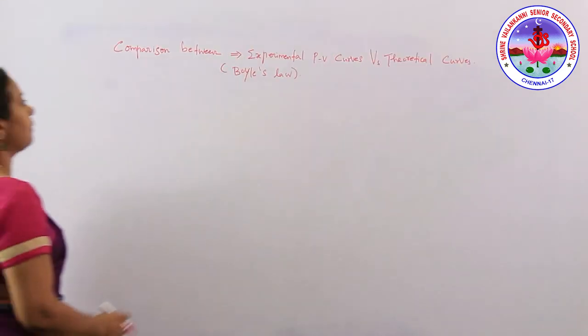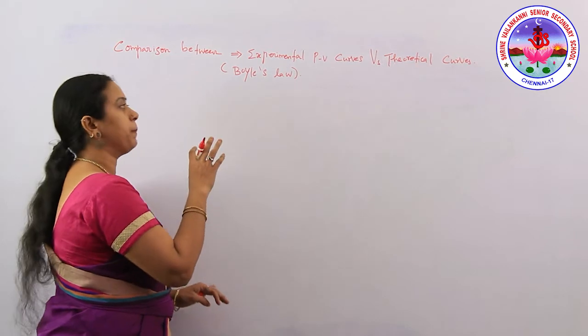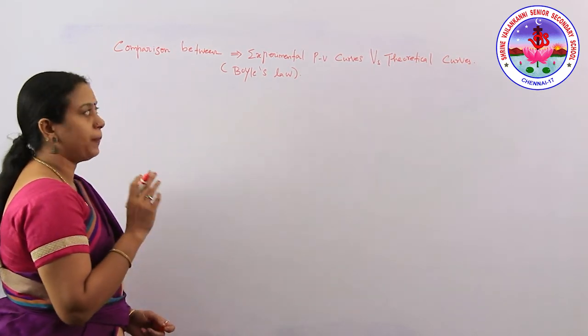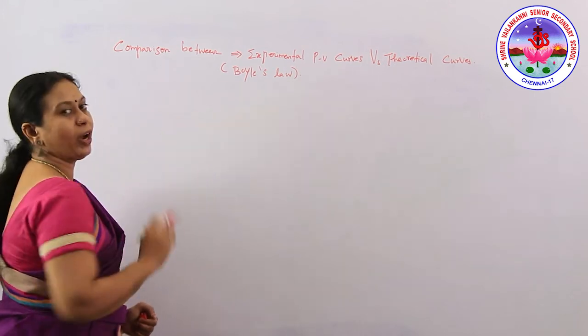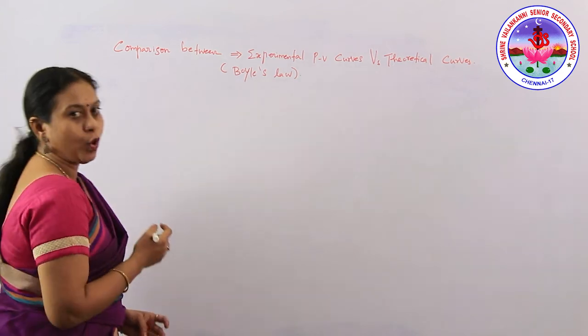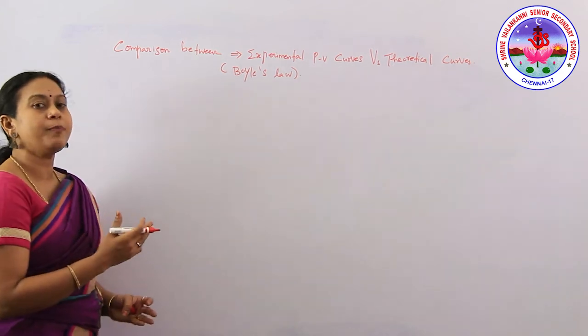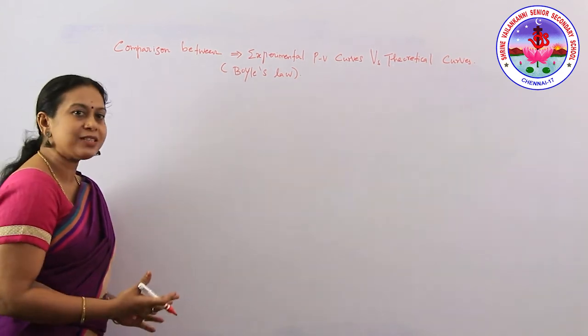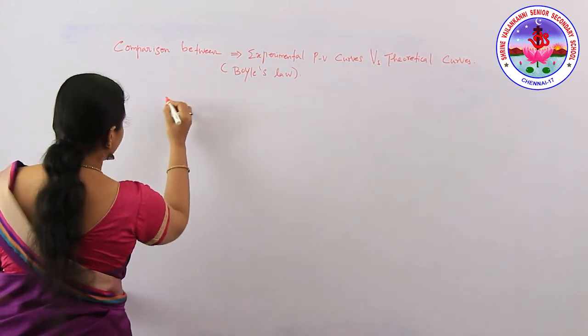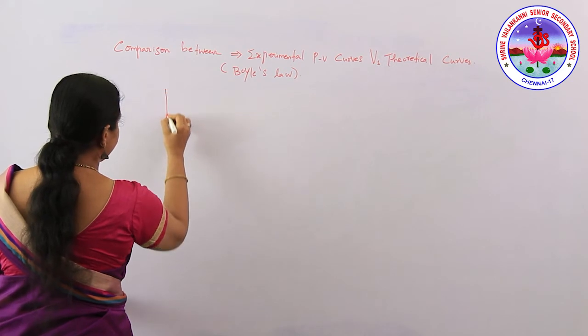Yes. Now this is the comparison between the experimental PV curves and the theoretical curve. We have taken the PV curve with how Boyle's law varies. A little variation will be there, of course, because no gas is truly ideal, so it will be a curve. We'll see that through the graphical representation.